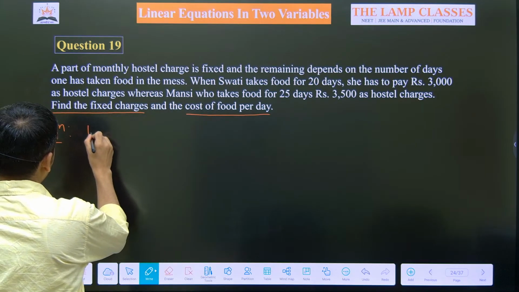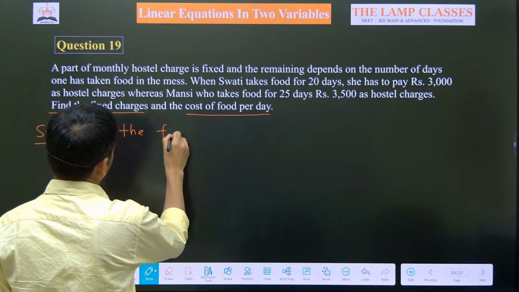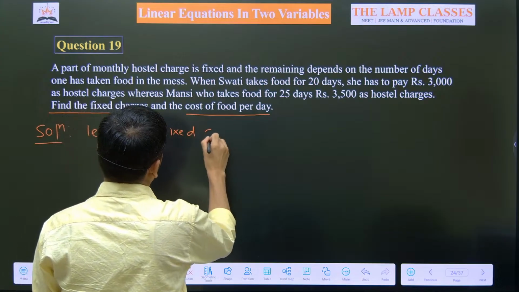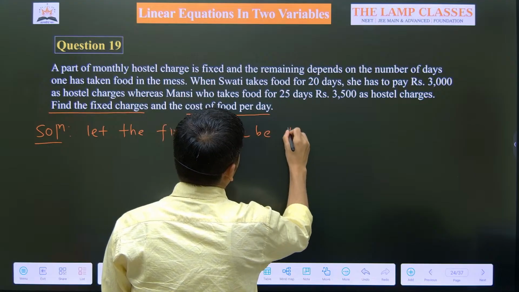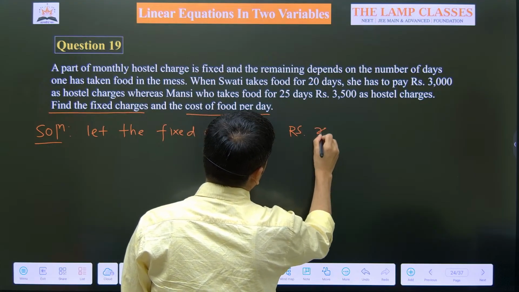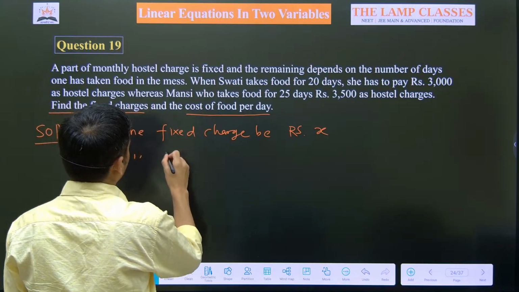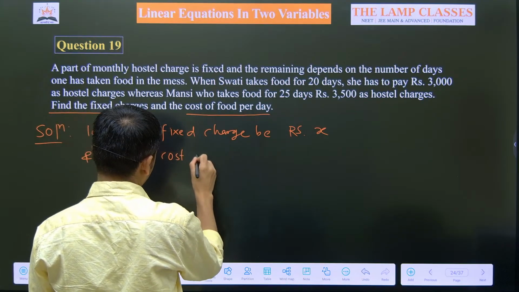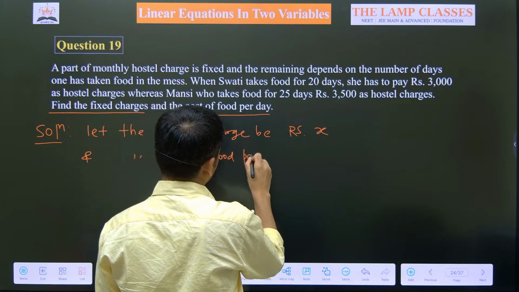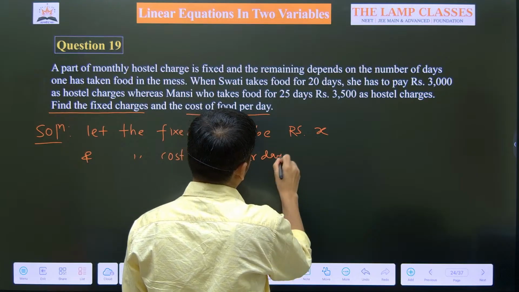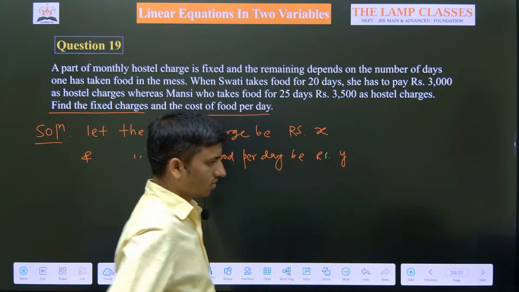So we will name, let the fixed charge be Rs x and the cost of food per day be Rs y.